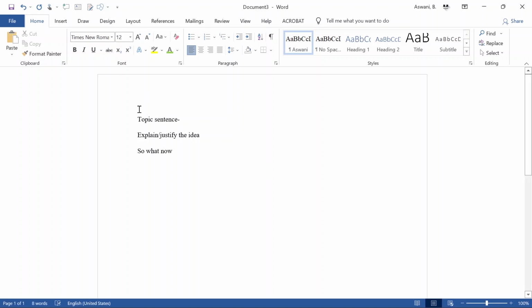So you realize the first sentence is called the topic sentence, which just introduces the idea. In most cases, they are just statements. And then the second, third, fourth, and fifth sentences now explain that idea. And then if you want, you can tell us at the end of that paragraph, so what do we do? You can reaffirm the message of the paragraph, okay? So every paragraph should begin with a topic sentence, which just introduces the idea of that paragraph.